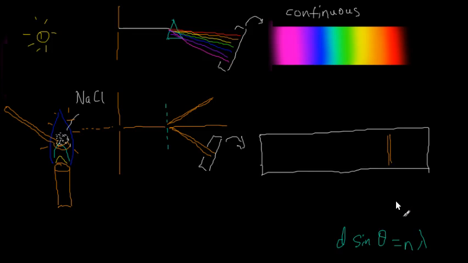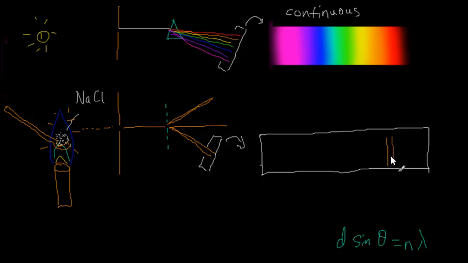You would see two orange lines very close together. Okay, I'm not drawing this very well. One line. Two orange lines very close together on the spectrum. So no continuous spectrum, no colors at all.